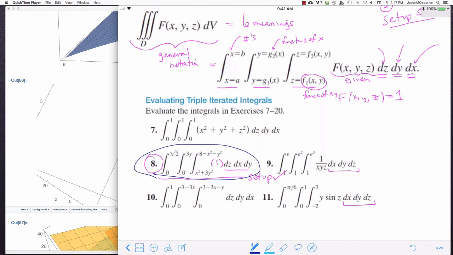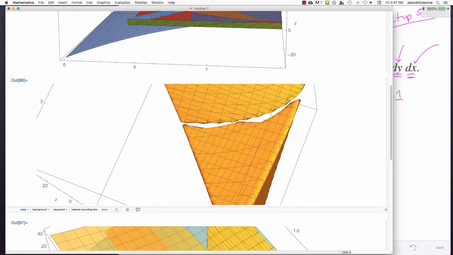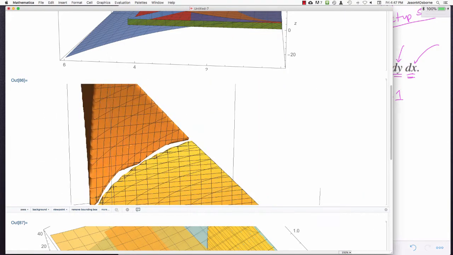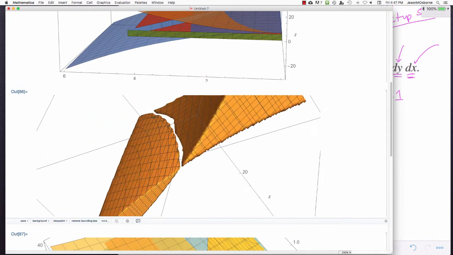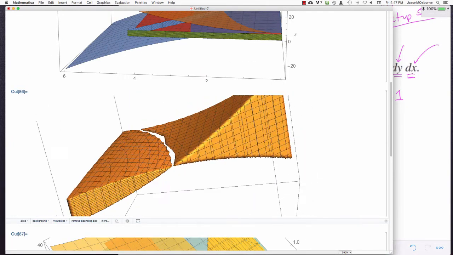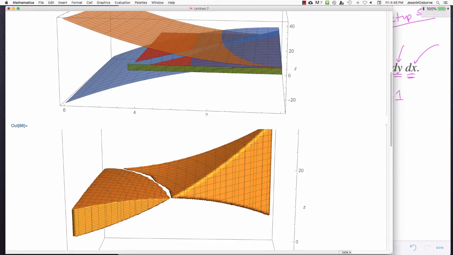If you want to interpret it as volume, we're going to have to be more careful about where the functions switch top and bottom, right? We're going to have to be very careful about dividing this region up into its pieces, and switches can happen depending on the region.